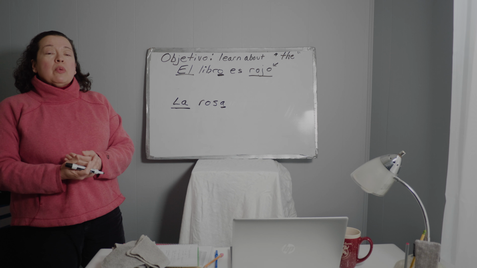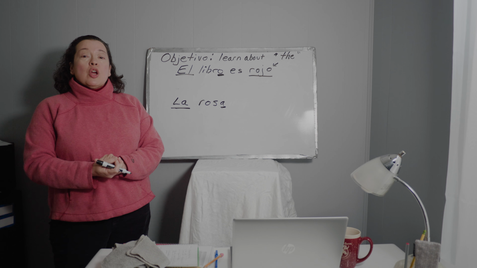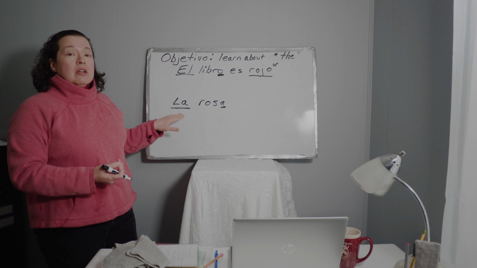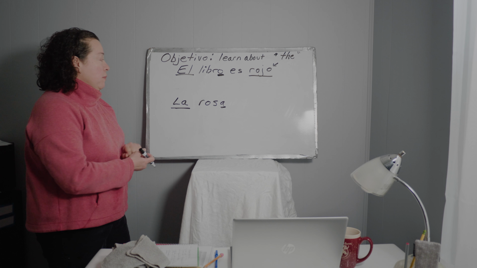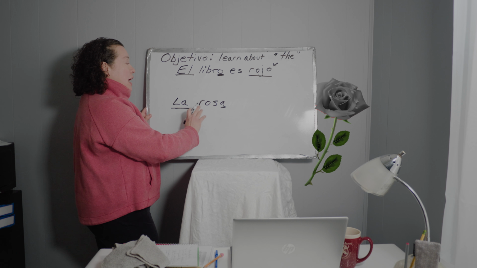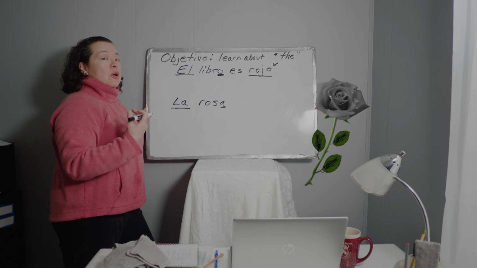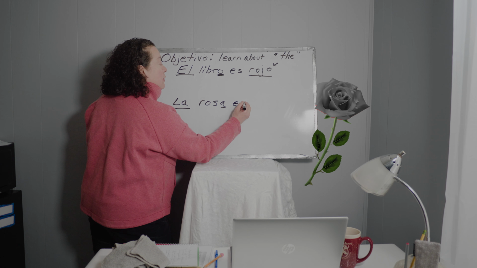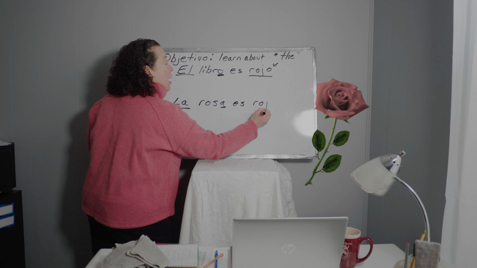Okay? But usually when you learn nouns in Spanish, you memorize them with what's called the article or the word the. So let's finish this. La rosa, and let's also call it red. The rose is red. Es roja.